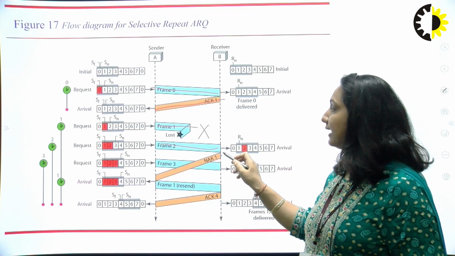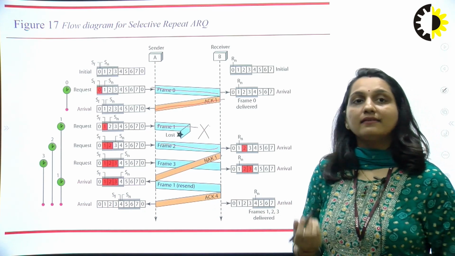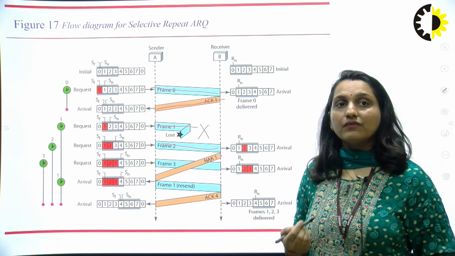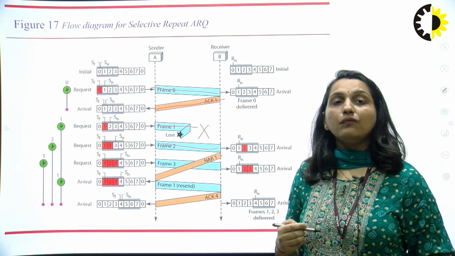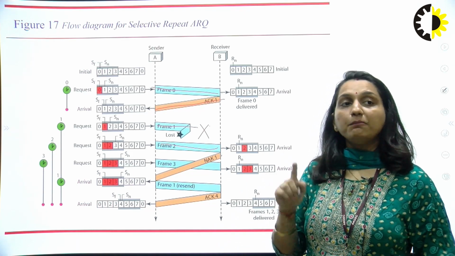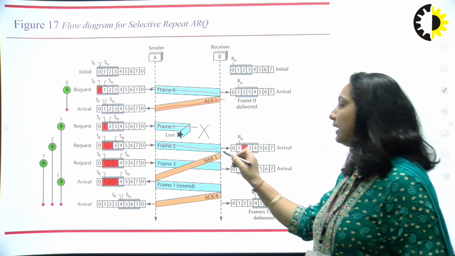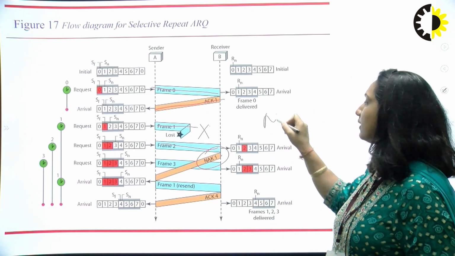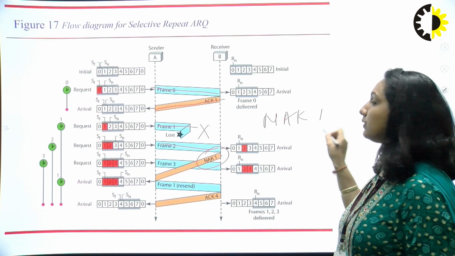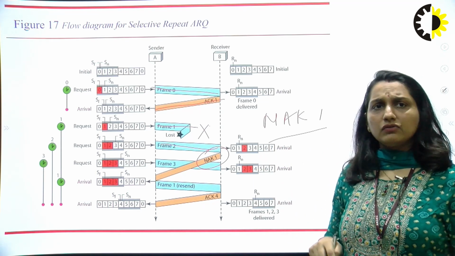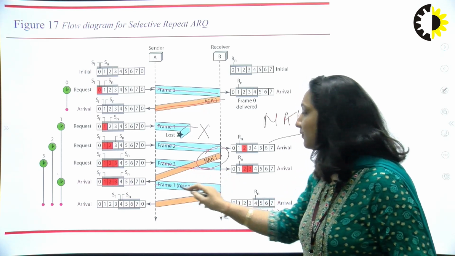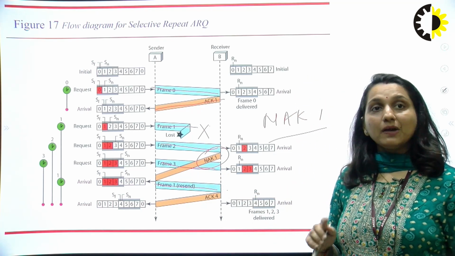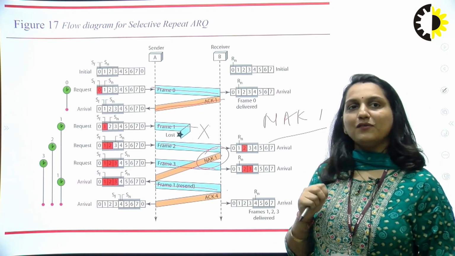But the receiver is saying that the packet it has to get is frame 1, and it is not getting frame 1, it is getting frame 2. So it sends a negative acknowledgement of this. Then the sender says okay, that was not sent, so I will send it again after 3 and send the feedback.